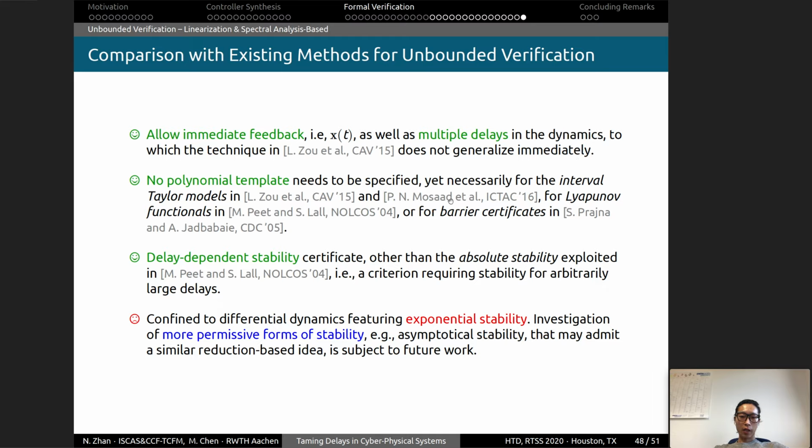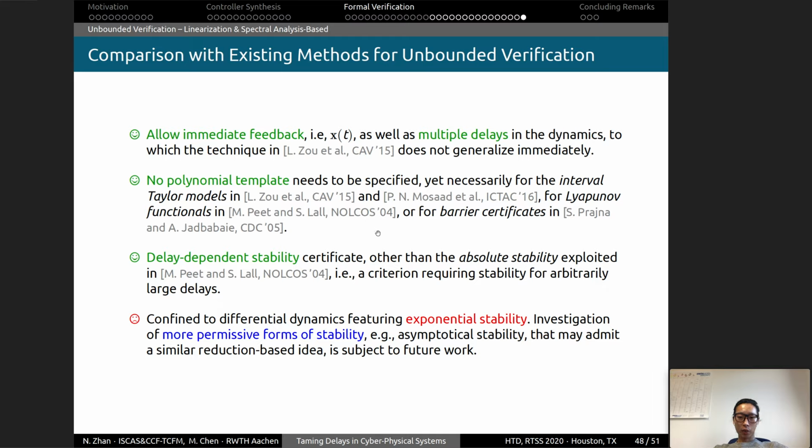Also, in this method, we don't have anything like polynomial templates, which are, however, needed in a lot of works. For example, for the Taylor models, for Lyapunov functions, for barrier certificates, we always have to set a template and then try some constraint solving techniques to find some instantiation of the parameters in the templates. But in this technique, no such thing is needed.